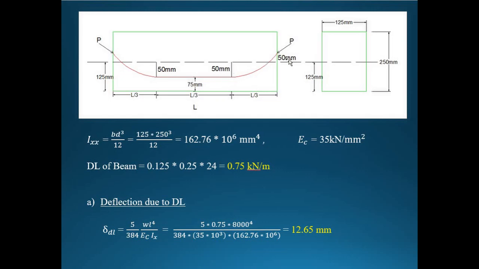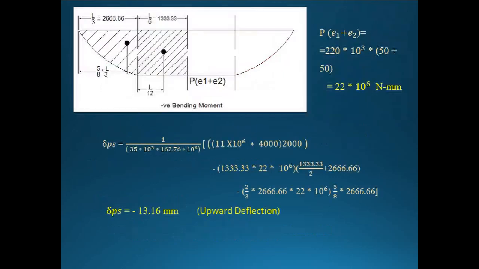Now this one is E1, this one is E2. When we are writing the maximum bending moment, P into E1 plus E2 should be present here. So I have written P into E1 plus E2 as the maximum bending moment. Now find out how much P into E1 plus E2 is. It will be 22 into 10 power 6 Newton mm.